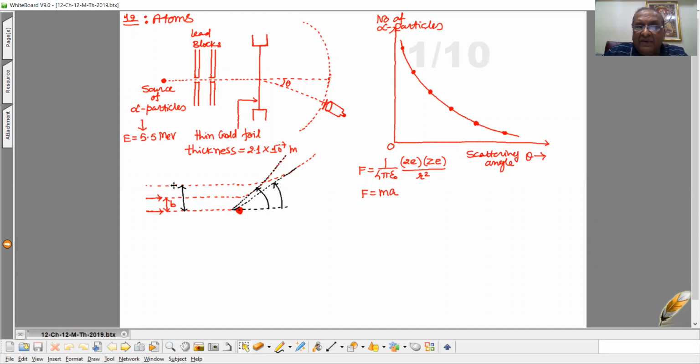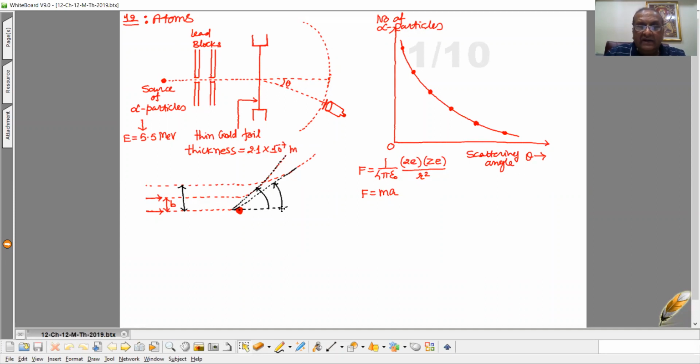And if the impact parameter is large, it implies that the distance of the alpha particle is more, then the repulsive force will be less, so it will suffer scattering at a smaller angle.